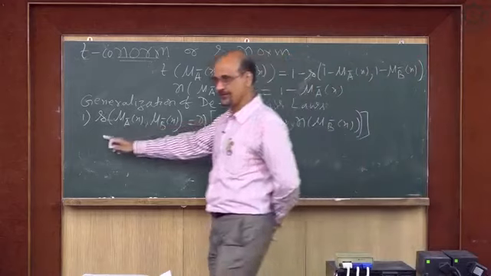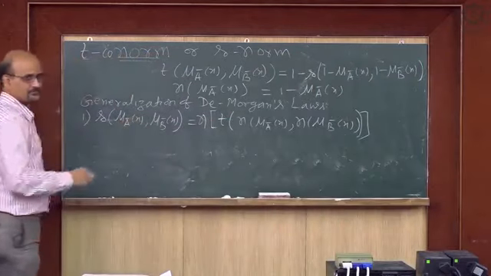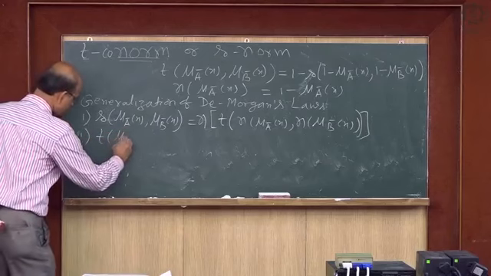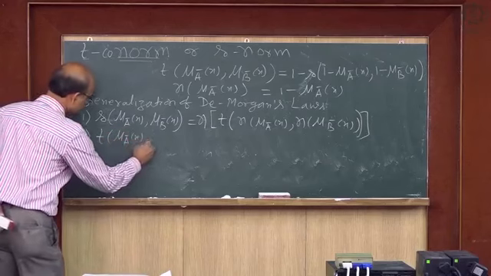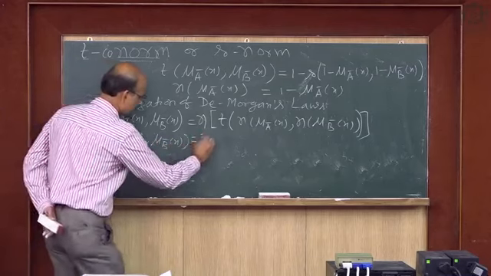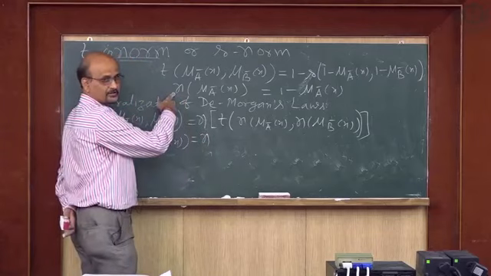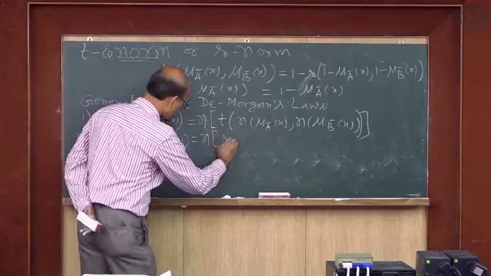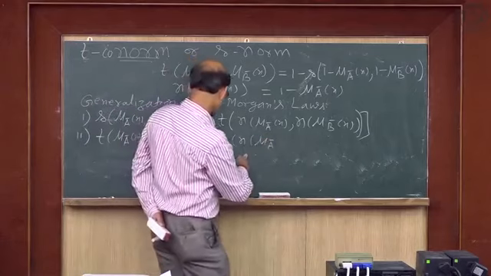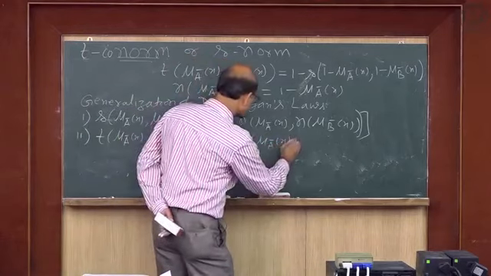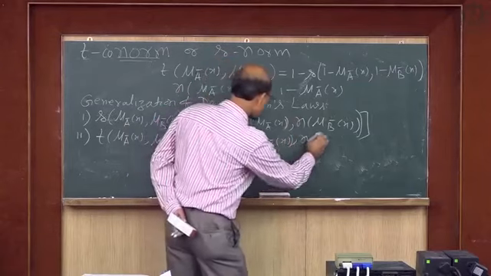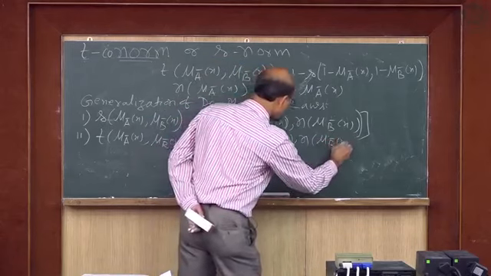Similarly, I can write for t and I can prove that, t of mu a bar x, mu b bar x is equal to n s of n of mu a bar x, n of mu b bar x, where n means negation.